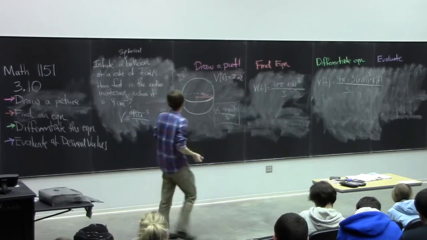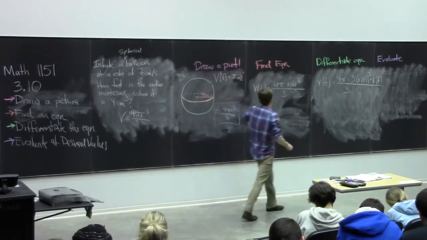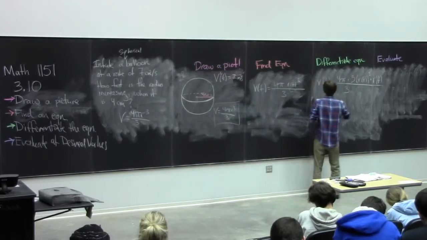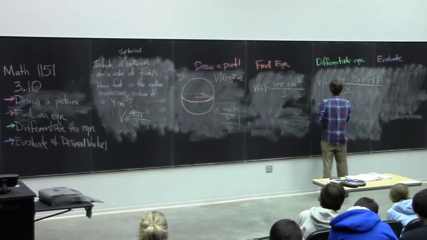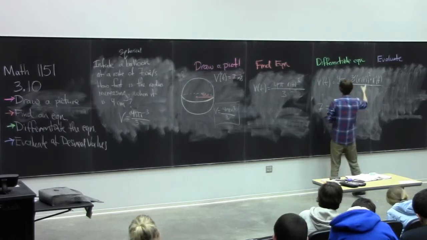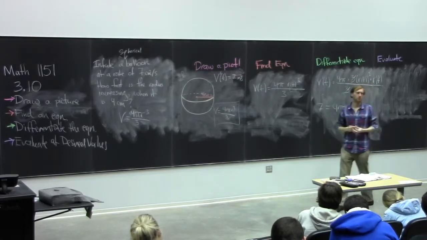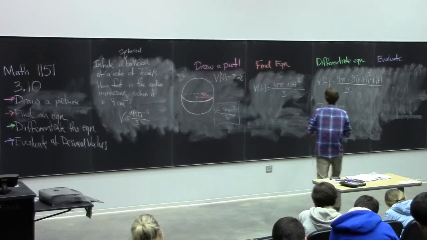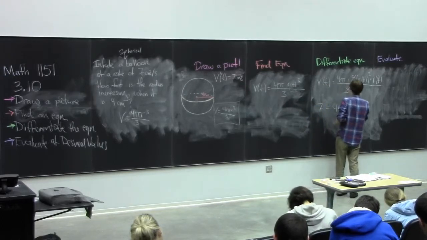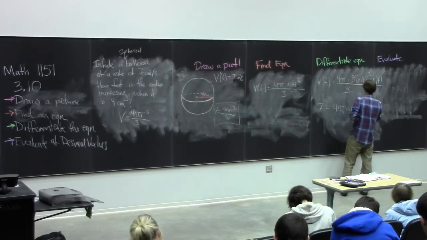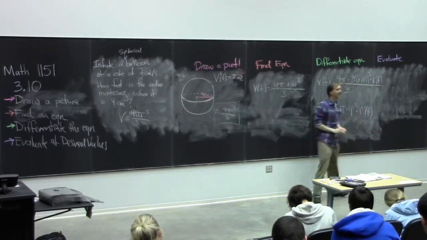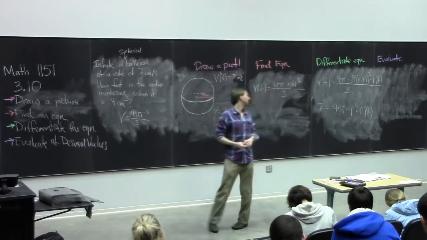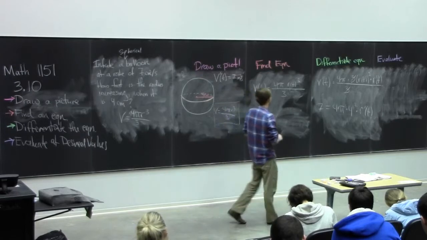Almost everything we have, we know. V prime of t is equal to 7. These 3's cancel. 7 is equal to 4 pi, and r of t is 4, so 4 times 4 squared times r prime of t. We are basically done at this point, but let's go ahead and solve.